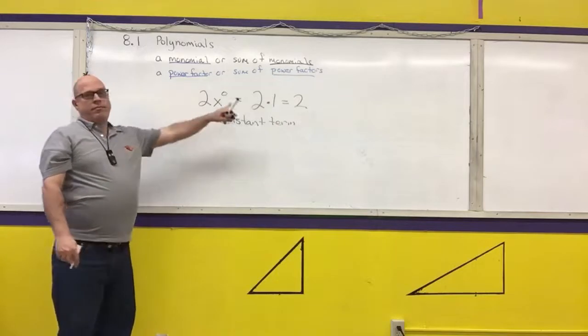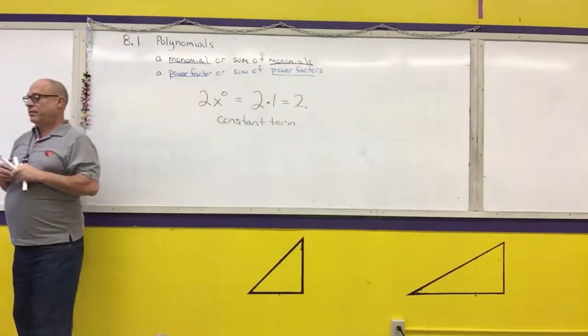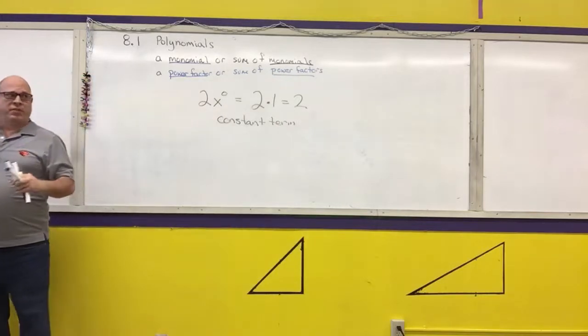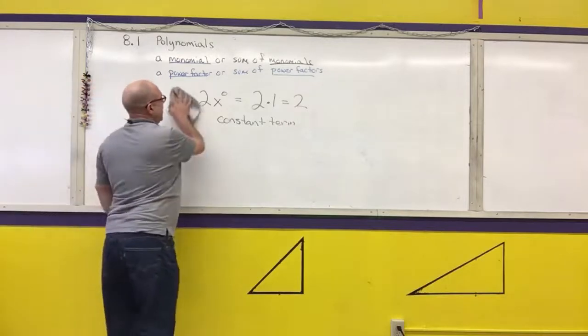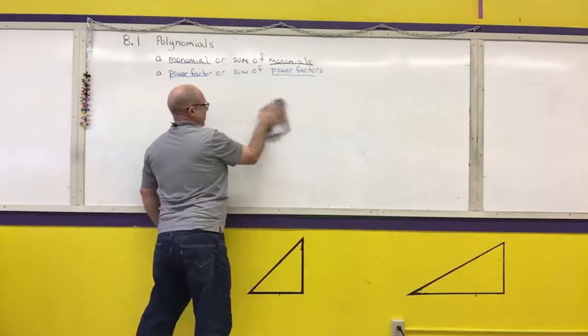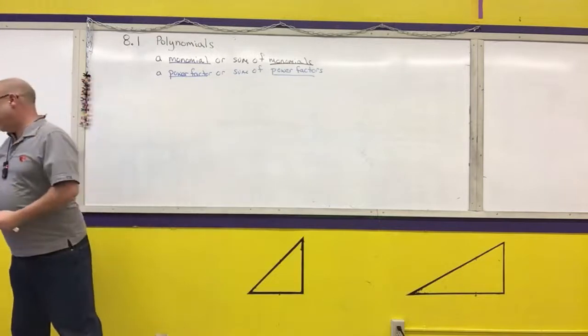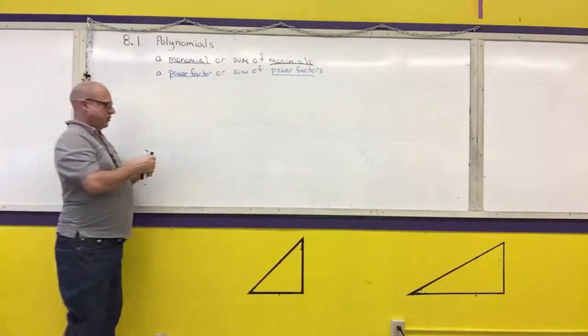Okay, so now we know pretty much about monomials. Now let's turn them into polynomials. We said that the polynomial is the sum of monomials. So what I'm going to do is put a whole bunch of monomials together.